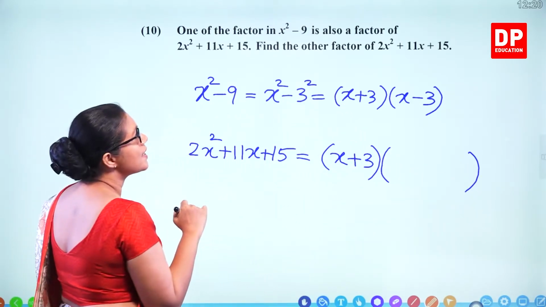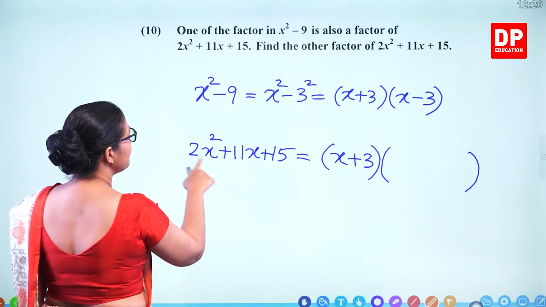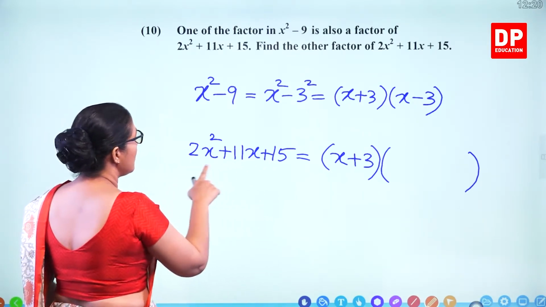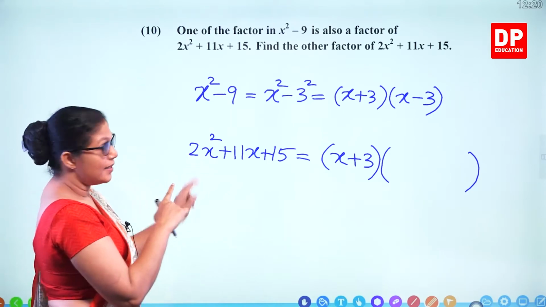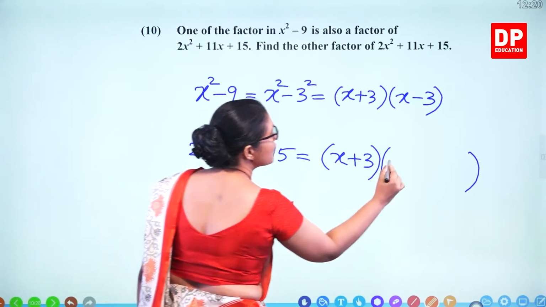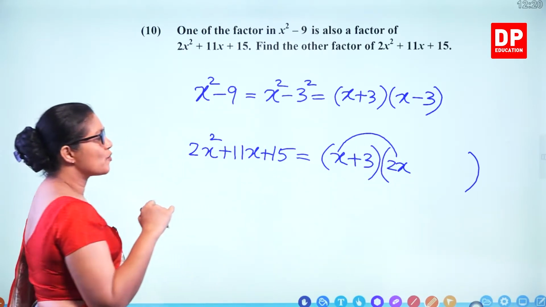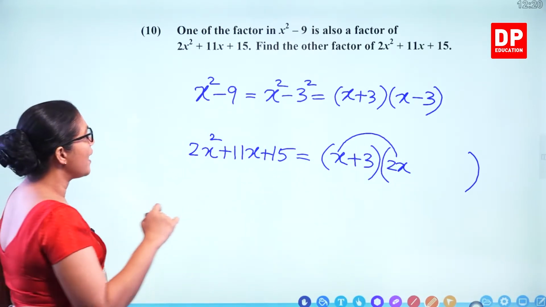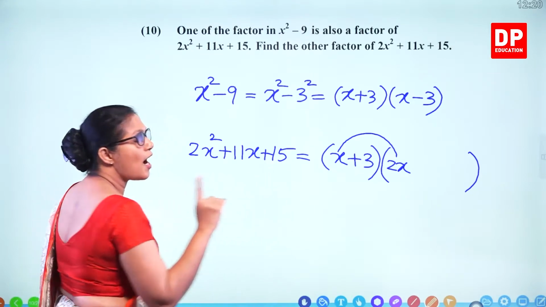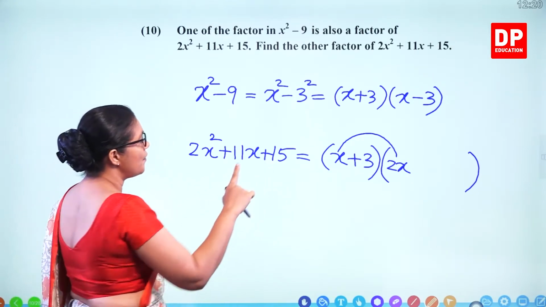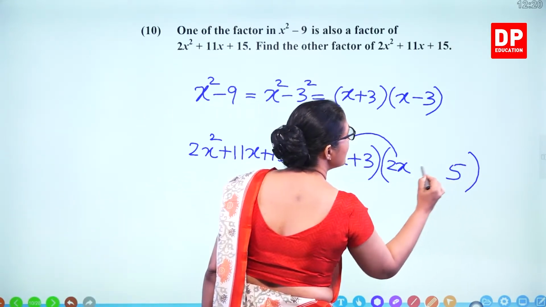How do you find it? See 2x squared. To get 2x squared, this should be 2x: x into 2x, 2x squared. Now look at the last one, 15. How do you get 15? 3 times 5.